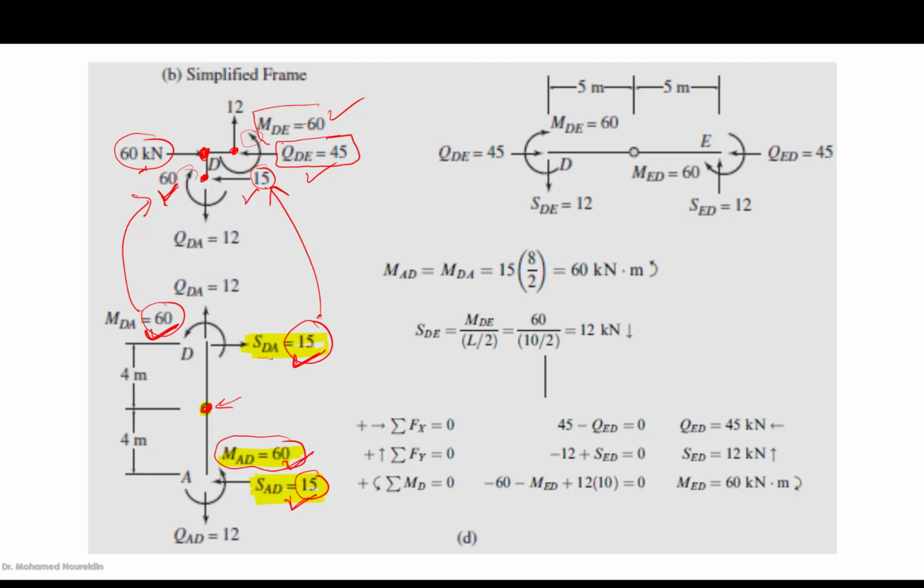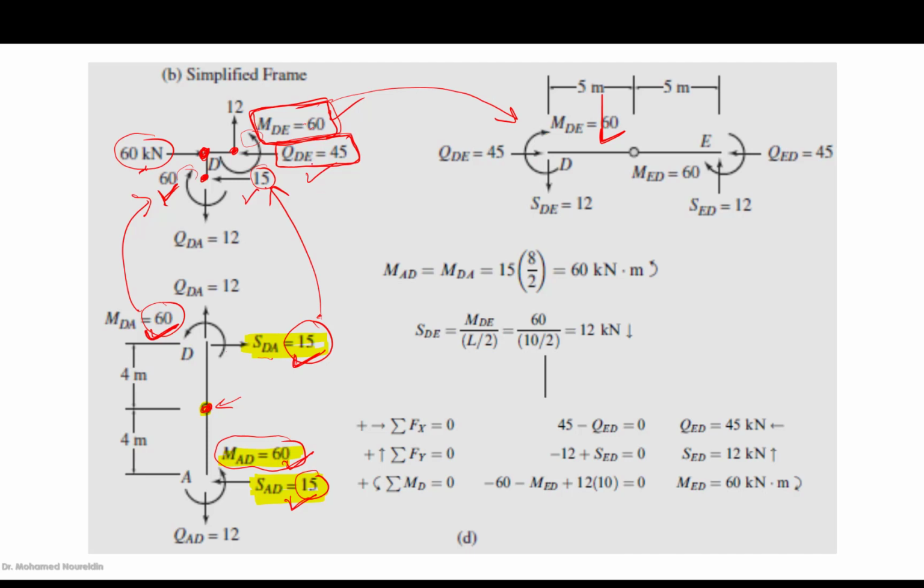Now we know the moment here, and we know this axial force, right? This moment is going to be reversed at the shear. So we are going to put the 60 here, and they are going to be clockwise.